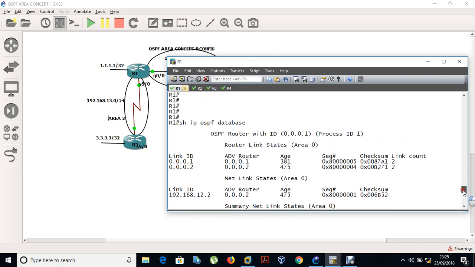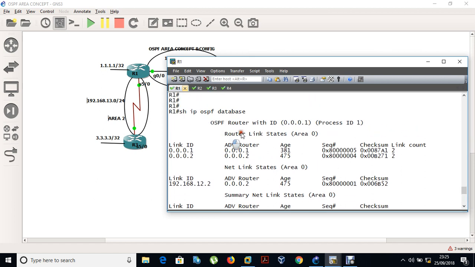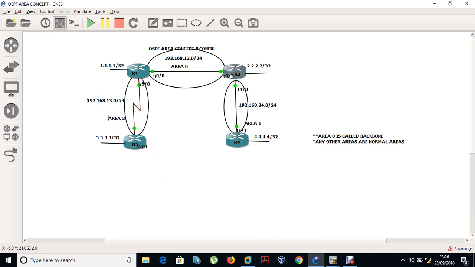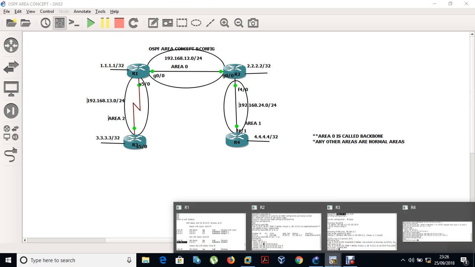In area 0 it gave us the router link LSA. These routers exist in area 0, and also this is the DR, and it's advertising its connected network, which is on this link right here, and they are connected because it is advertising in area 0.